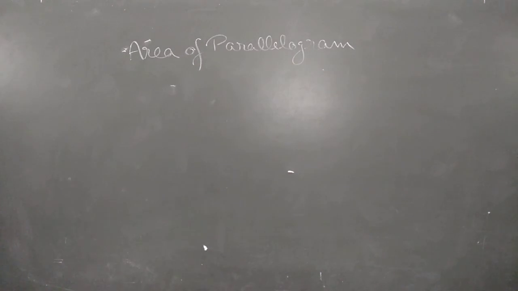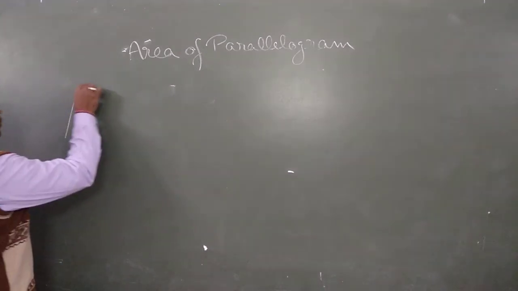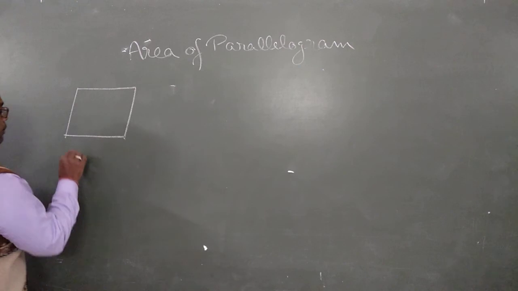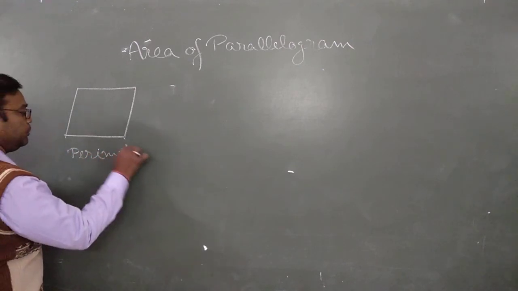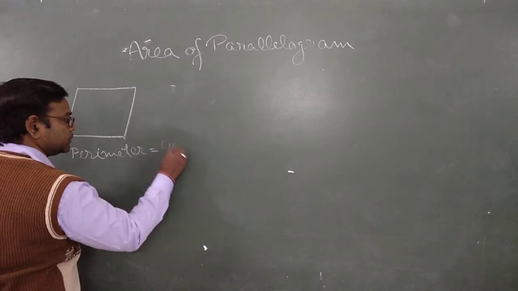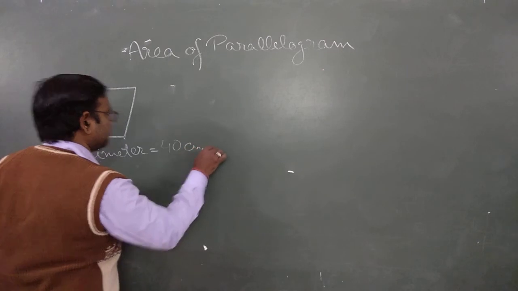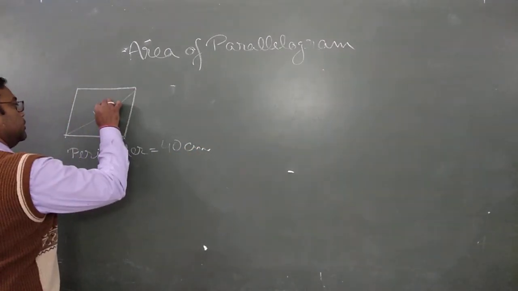Again we have an interesting question, and this is the last question of this video. It is given that in a rhombus, perimeter is given to you. Perimeter equals to 40 centimeter. Clear? And one of the diagonal given to us, it's 16 centimeter.